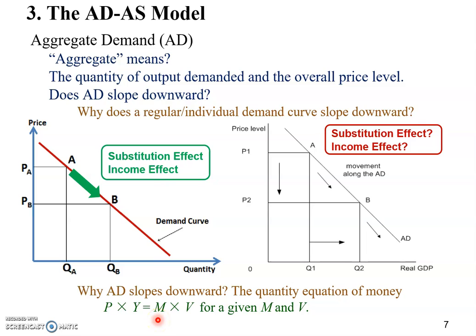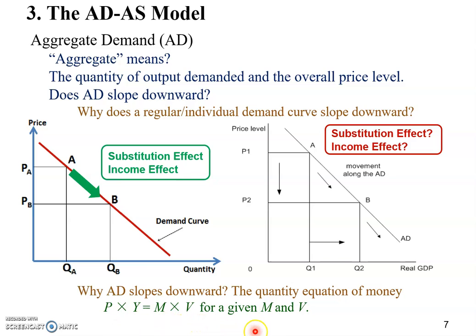M stands for money supply, and V is the velocity of money. So M times V means the total amount of dollars circulating in our economy, which equals the nominal value of what we produce.